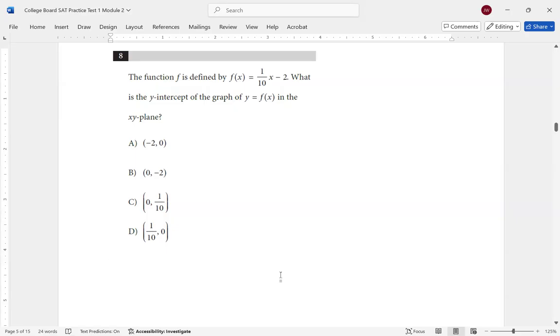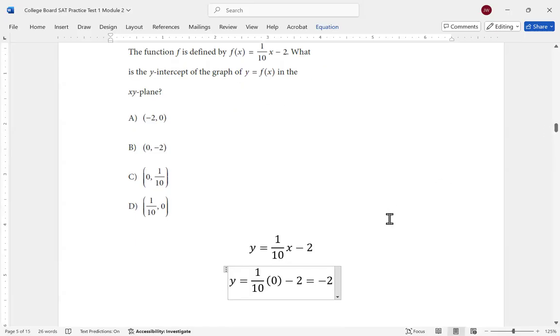Now, if you know about lines, what we have here is essentially the line y equals 1 over 10 times x minus 2. The y-intercept is where x is equal to 0. If you plug in a 0 for x, you get y equals 1 over 10 times 0 minus 2, which gives you a negative 2.